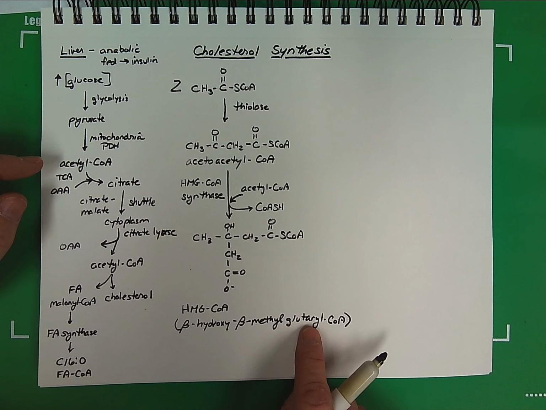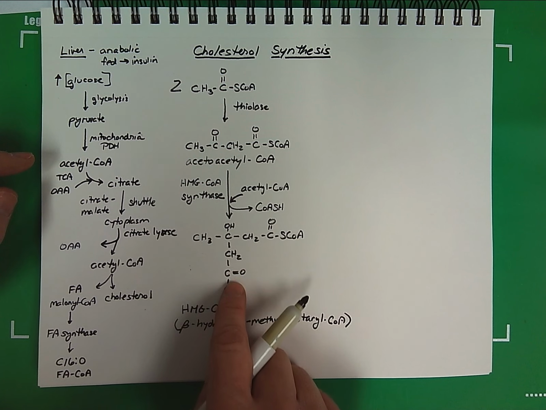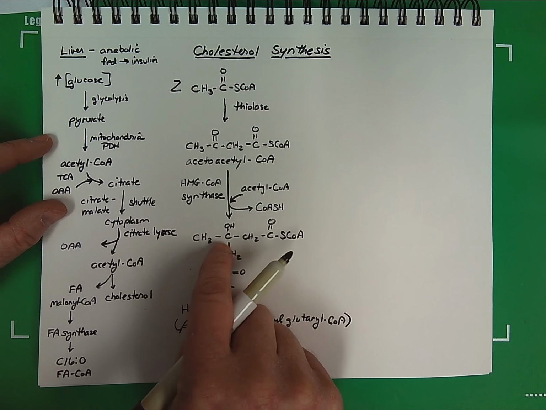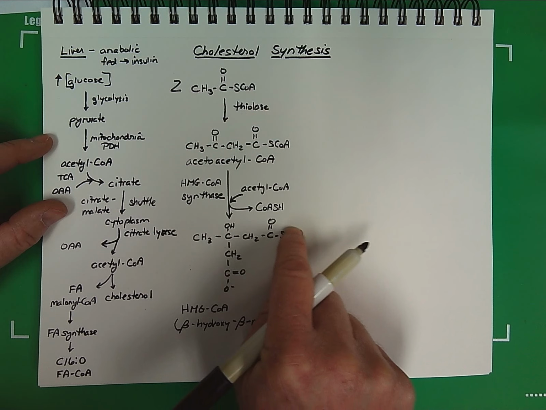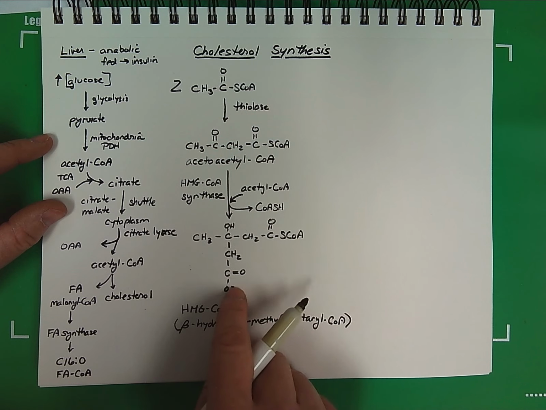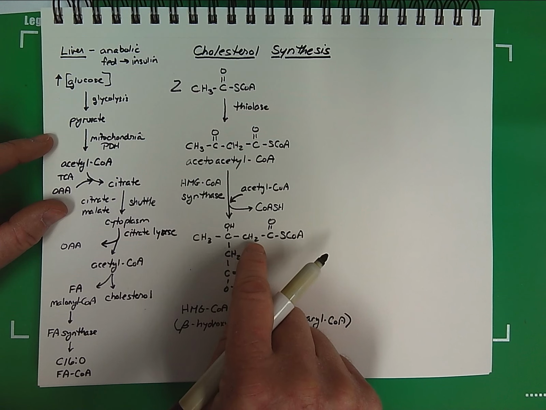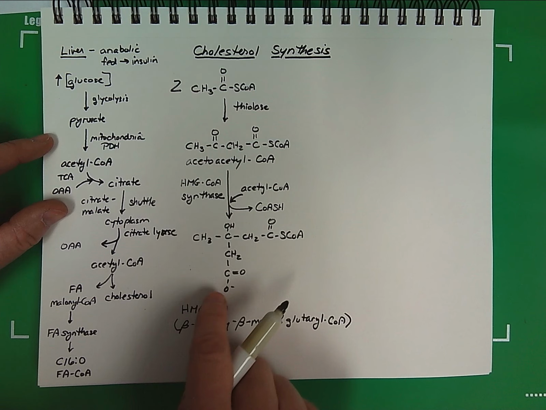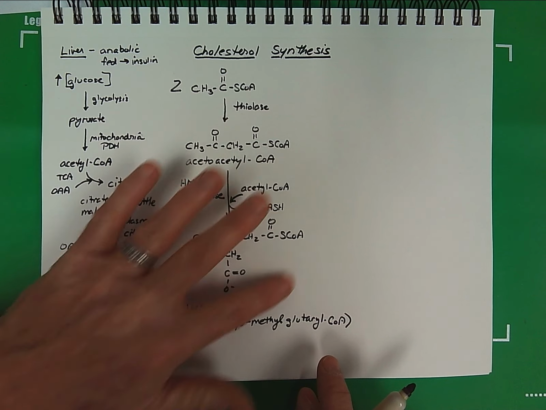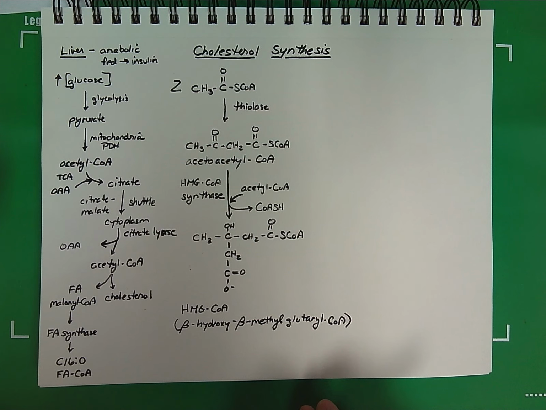And the glutaryl structure, if you recall the structure of glutamate, has carboxylic acids on both ends, separated by 2 carbons. So this resembles the amino acid glutamate.